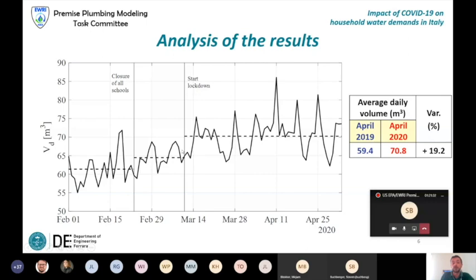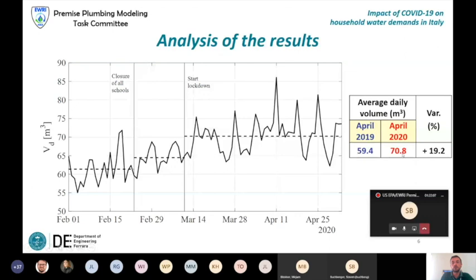Someone could observe that this increase of the water consumption could also be led by some sort of seasonal effect. Indeed, we are moving from February to May, from winter to spring, and in order to check this hypothesis, we made a comparison of the average daily volume consumed by the 300 users in April 2020, let me say during the lockdown, with the average daily volume consumed by the same users in the previous year, in April 2019.